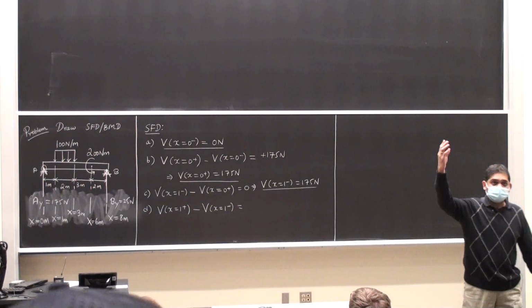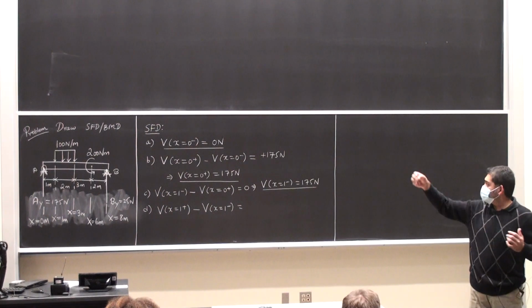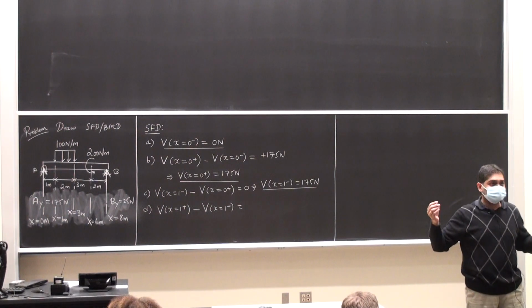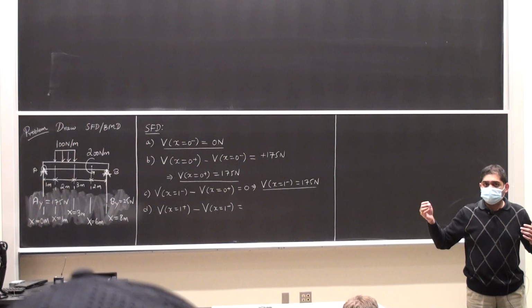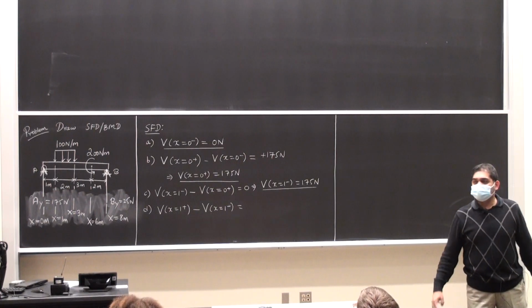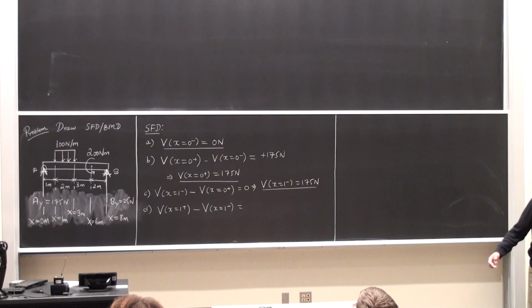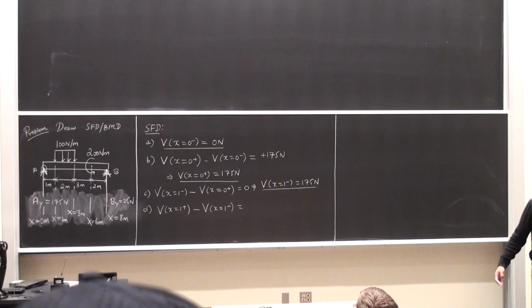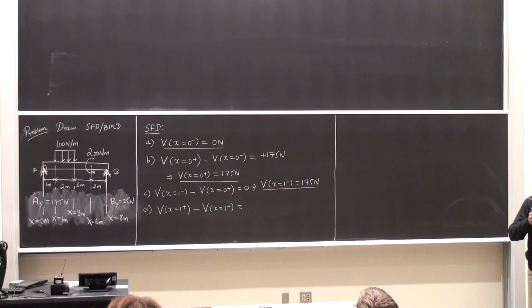So, one answer is 175. Was that what I heard? Any other answers? Any takers? Would the distributed load have an effect on it? Are we at the distributed load yet? Yes, because the first arrow of the distributed load is acting at exactly 1.